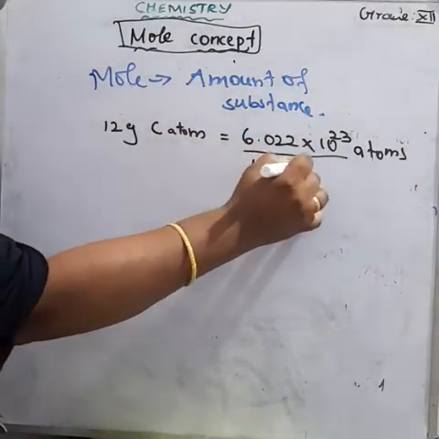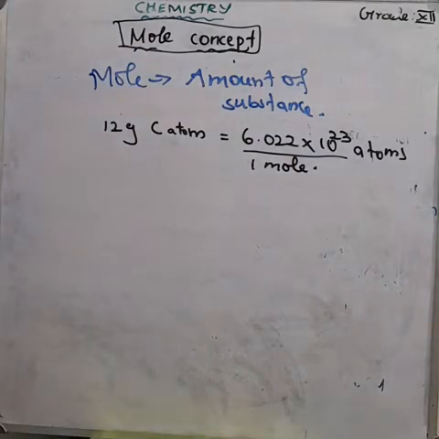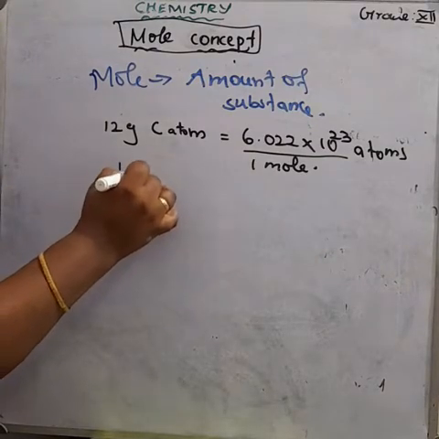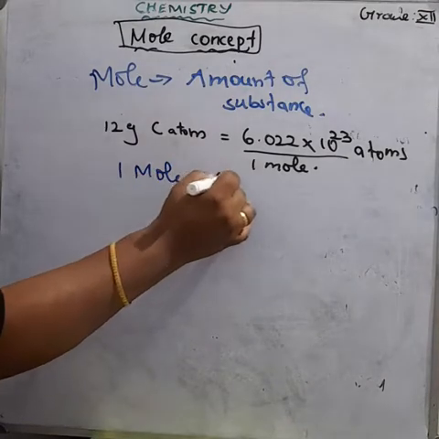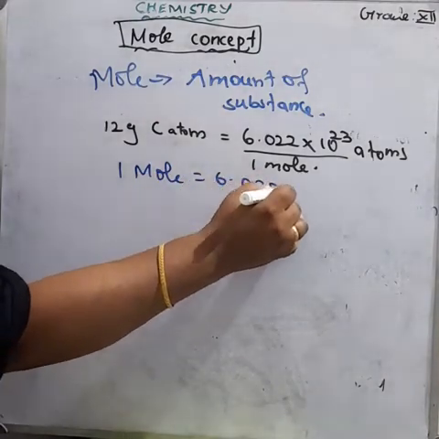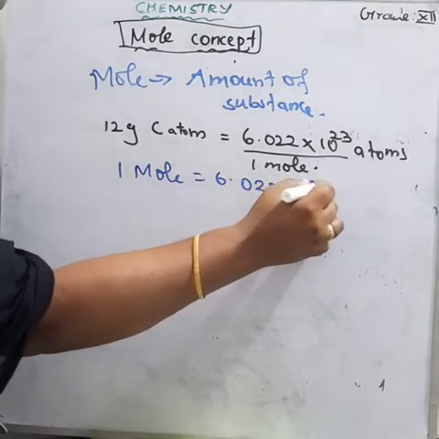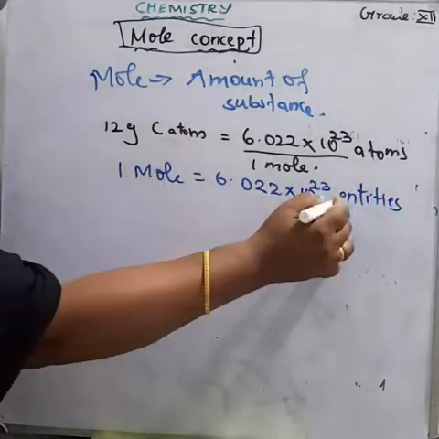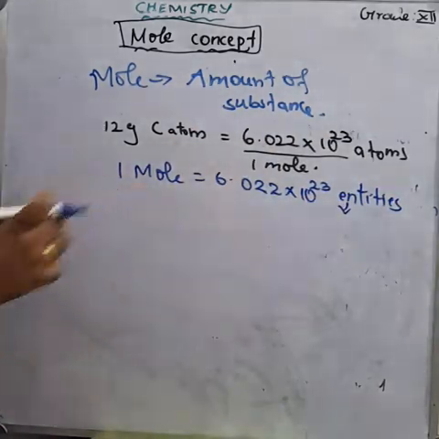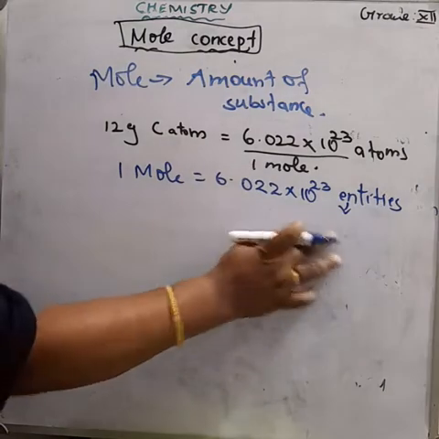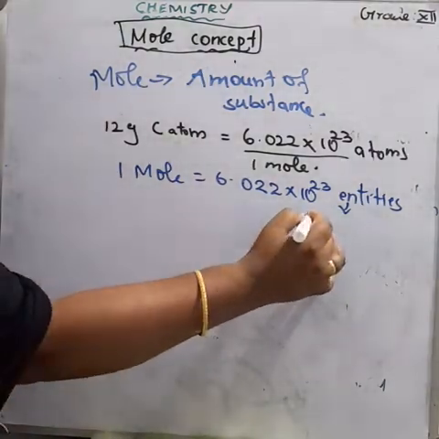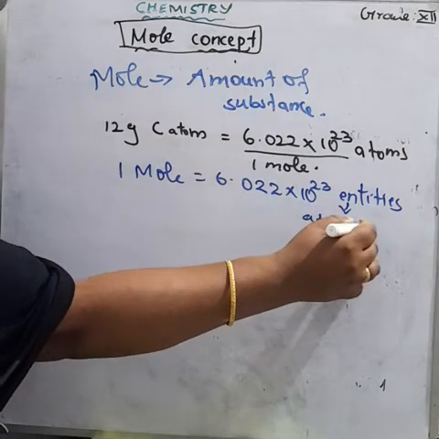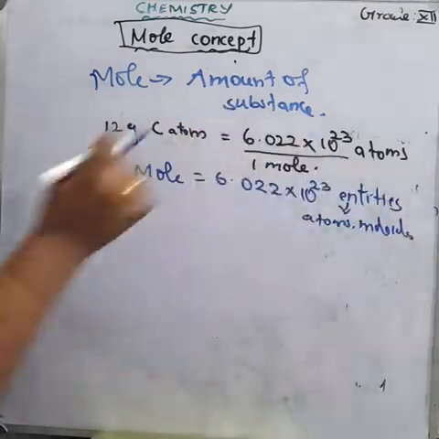So 1 mole is nothing but a number. 1 mole means 6.023 × 10^23 entities. Entities may be atoms, molecules, or ions.